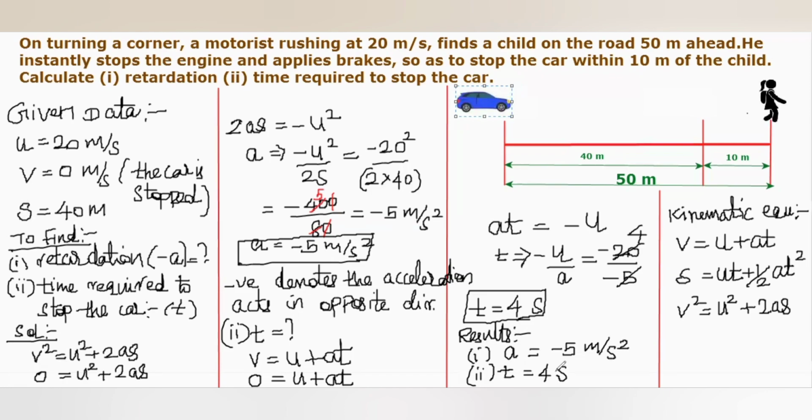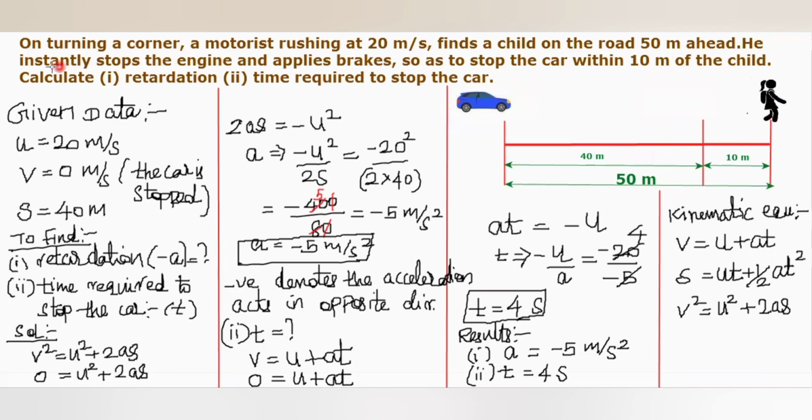Okay. So I will just recall once again, guys. On turning a corner, a motorist rushing at 20 meters per second finds a child on the road 50 meters ahead.